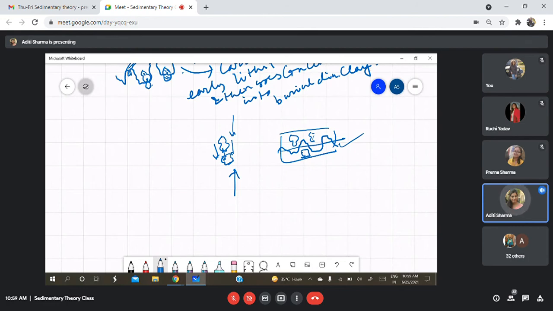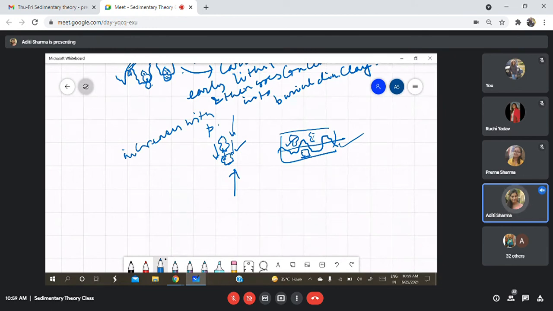Now, what actually happens in either this case or this case? How do these stylolites form? Because carbonate solubility increases with pressure. Carbonate solubility becomes high if you increase the pressure. So when you increase the pressure and two carbonate grains are in contact with one another, they go into dissolution.